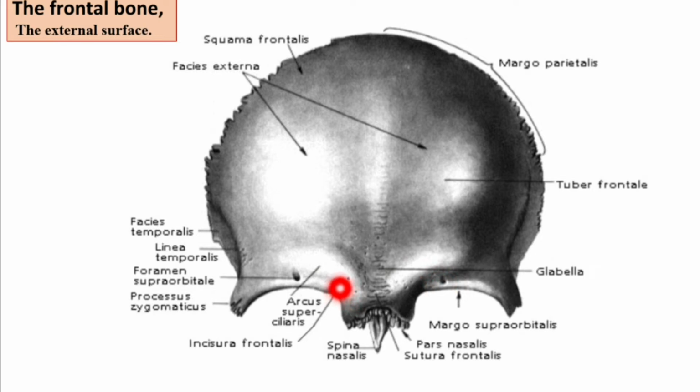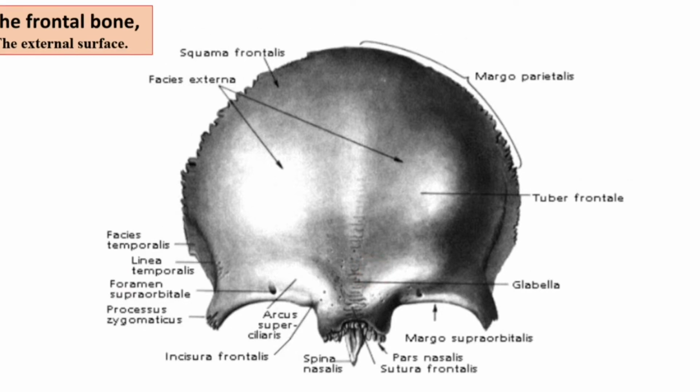It's called a frontal notch, that's incisura frontalis. And this process is called what? A zygomatic process of the frontal bone. So this process articulates with the zygomatic bone. It's called processus zygomaticus. Okay, that's the external surface.